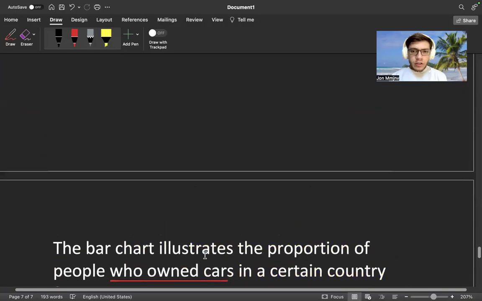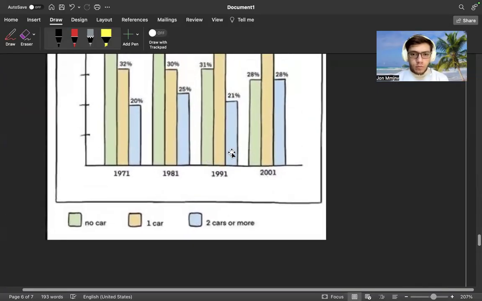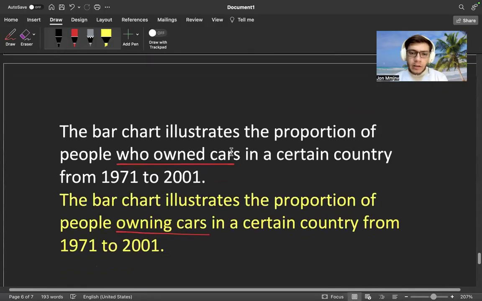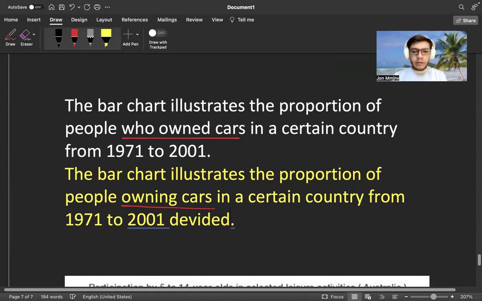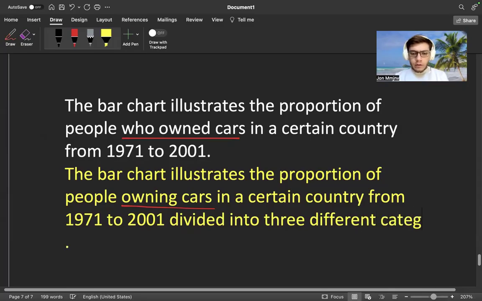Now, can I mention, I can also mention, let's say, divided into three different categories. Let's say namely, we use namely instead of such as.